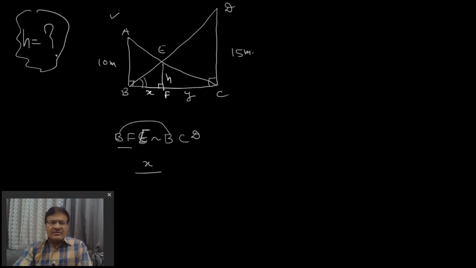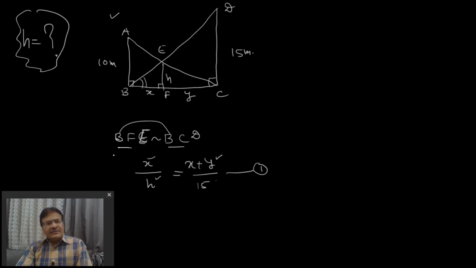So here, the base of the small triangle, that is x, BF, divided by the perpendicular of the small triangle, that is FE, so that is h. Here also we should take the same thing, first second, here first second is BC. So what is that? x plus y divided by the height, which is 15. Simply we can say base of the small upon perpendicular of the small equals base of the large triangle upon perpendicular of the large triangle. Simply the sides are proportional. Suppose this is equation number 1. I don't think any problem should be there in that.